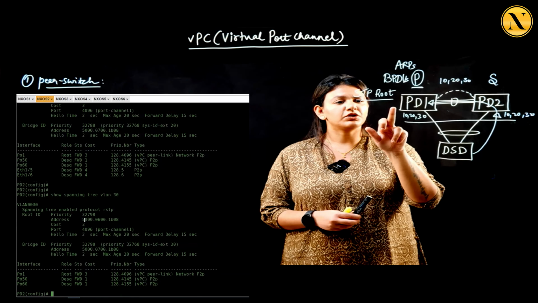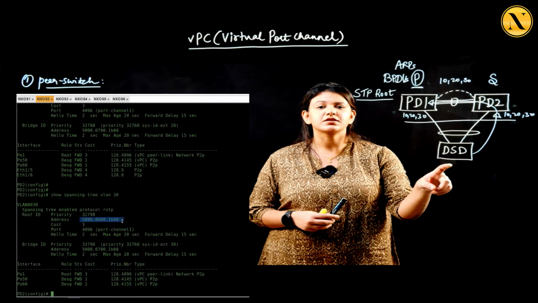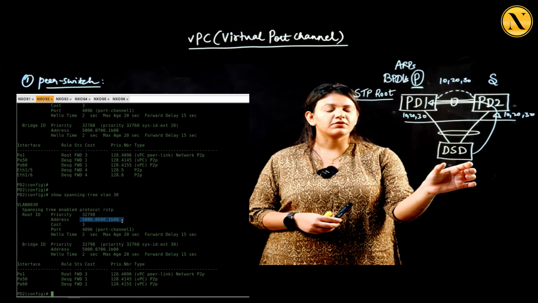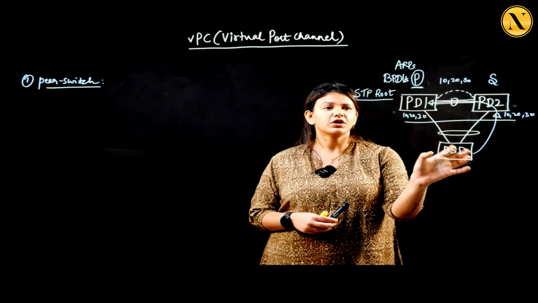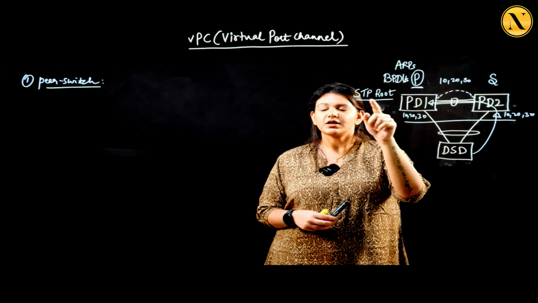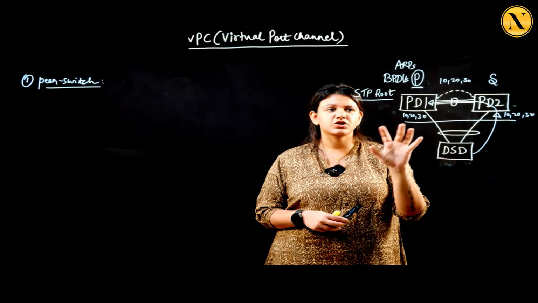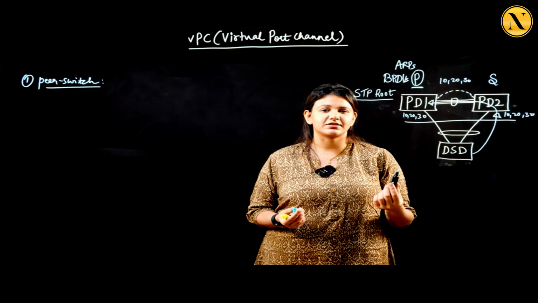Whether you go on the primary, on the secondary, or on any of your downstream devices, the default behavior, no matter which VPC VLAN you check, is that you'll only see the primary device as the STP root. But once you have configured peer switch, both primary and secondary together are going to appear as the STP root.